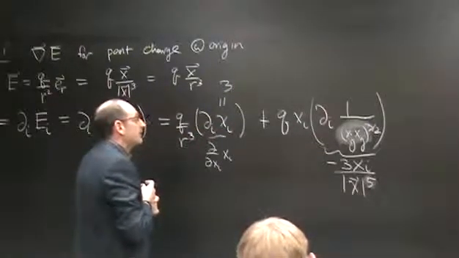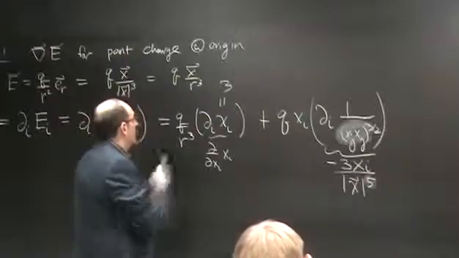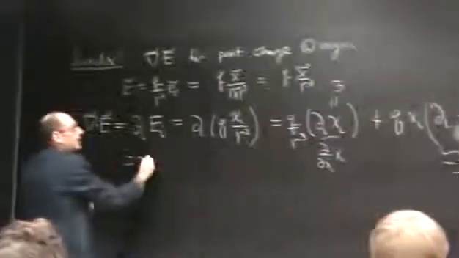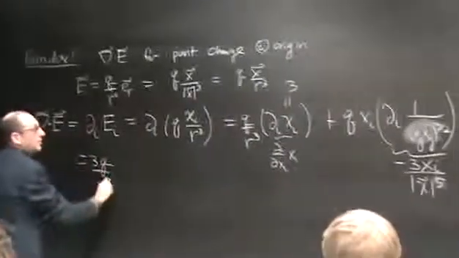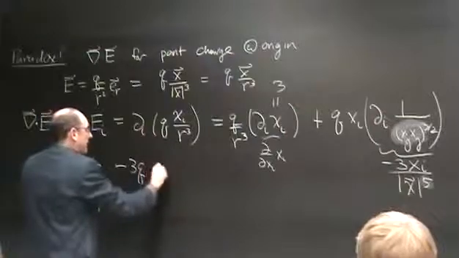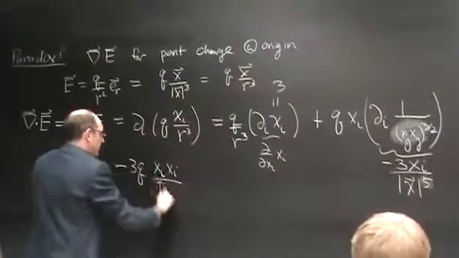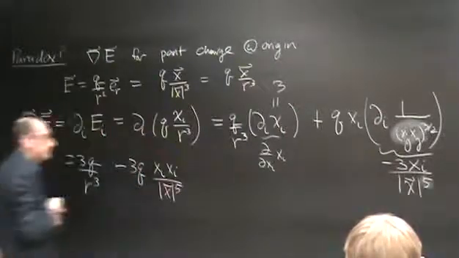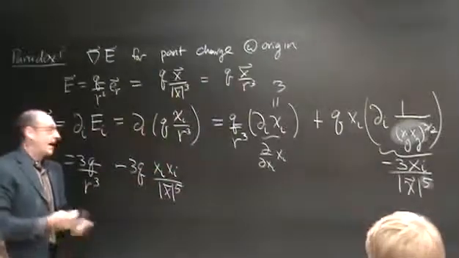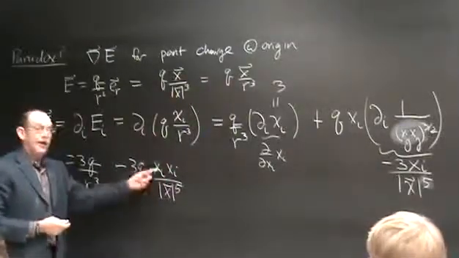All right, so I got 3 times this, so let's write that out. I got 3Q over r cubed minus 3Q x i over x to the 5th. x i, sum over i, is the magnitude of x squared.